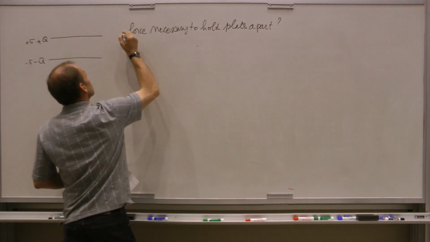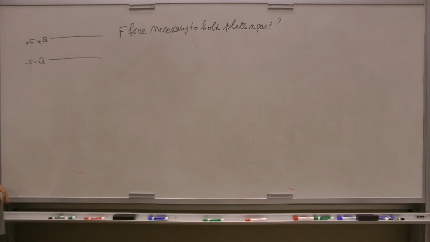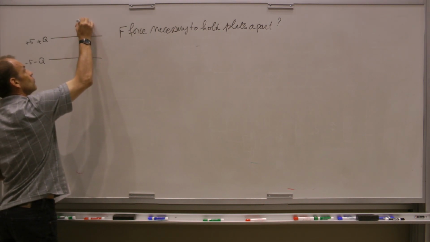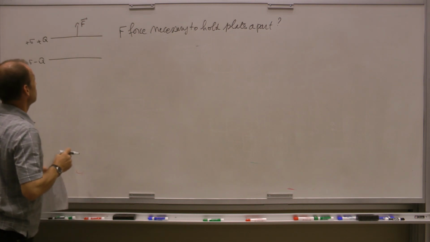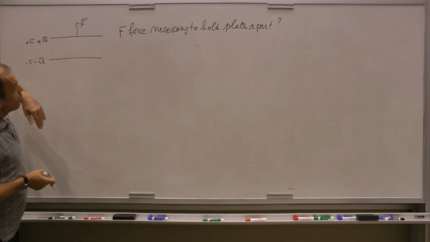What is the force F required to hold the plates apart? So we know there must be a force F that is there to hold the plates apart, because the plates being oppositely charged, they want to come together. So something must be holding it.